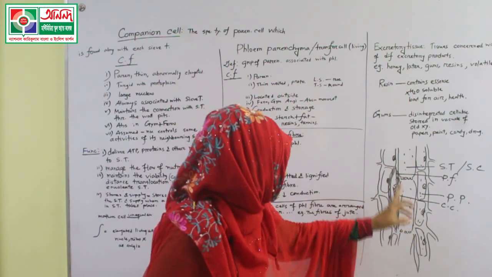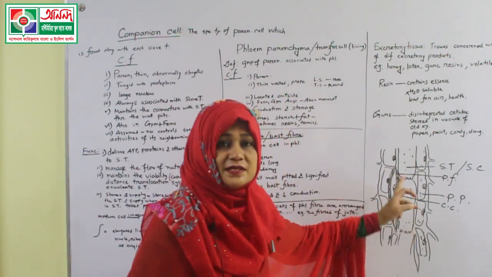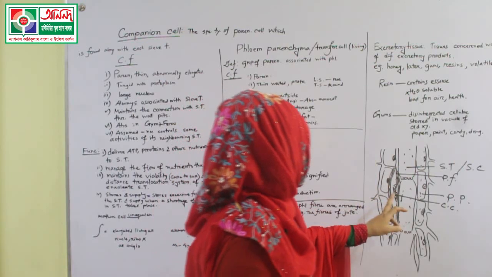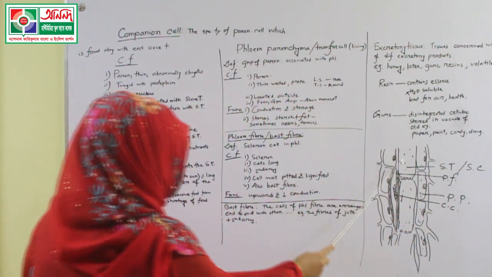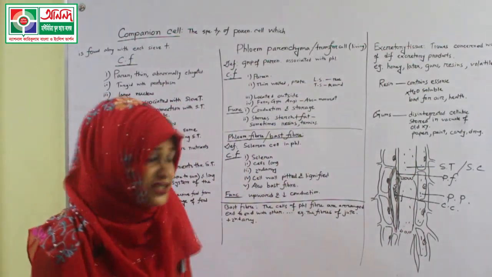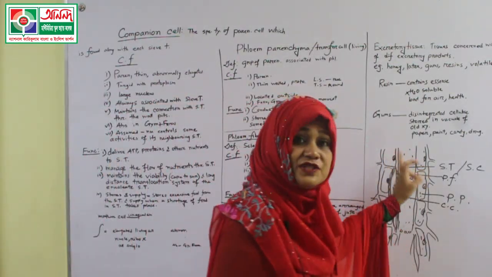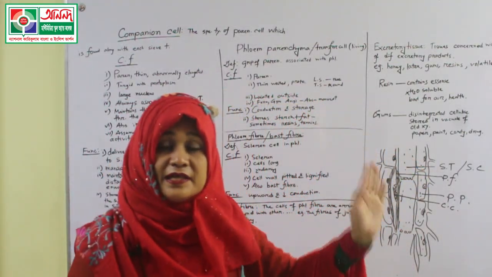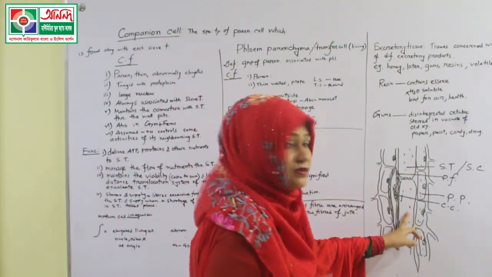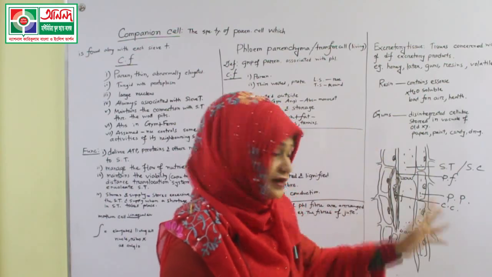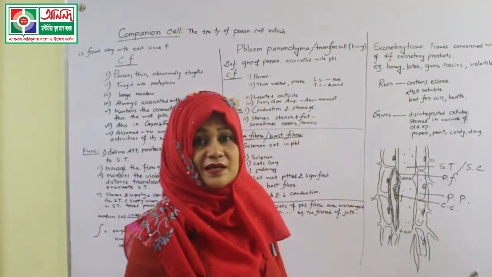It is related with the survival of the sieve tubes. It manages the viability and the long distance translocation of the sieve tubes. Long distance translocation of the sieve tubes is managed by the companion cells.